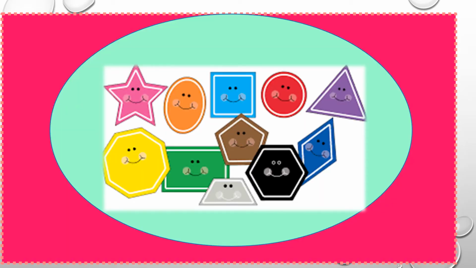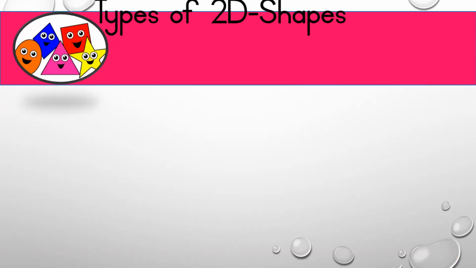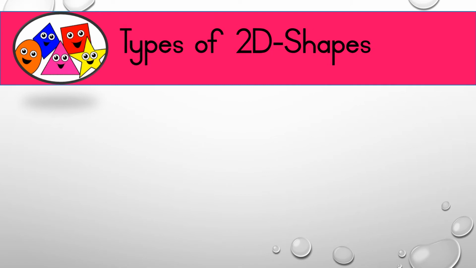The next thing that we will be looking at in this video is different types of shapes. Who can think of 2D shapes? Quickly look around you and identify 2 or 3 different shapes that are around you.